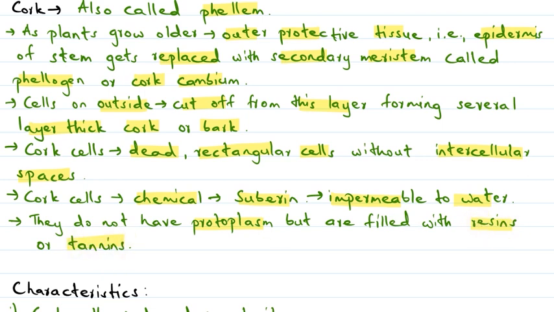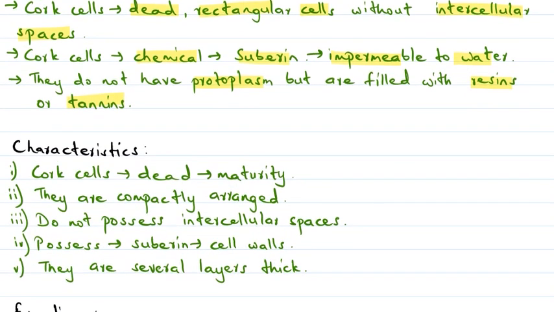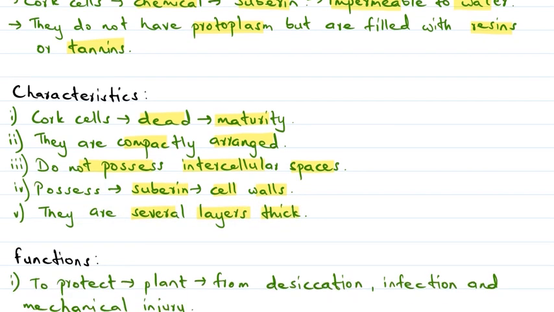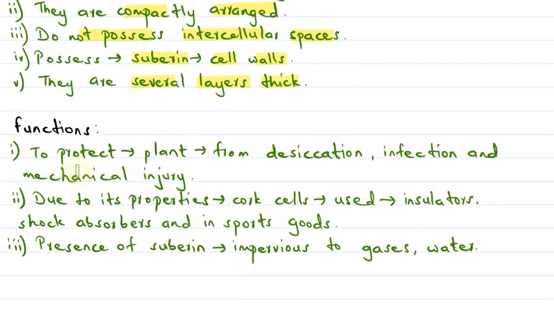Then we discussed the characteristic features of the cork cells. These cork cells are dead at the time of maturity. They are compactly arranged cells and thus do not possess any intercellular space. They possess the chemical substance called suberin in their cell walls, and these cork cells are several layers in thickness. Then we discussed the functions performed by the cork cells. They protect the plant from desiccation, infection and mechanical injury.